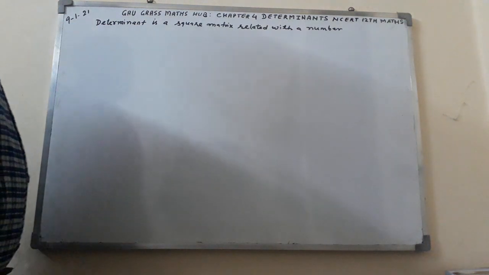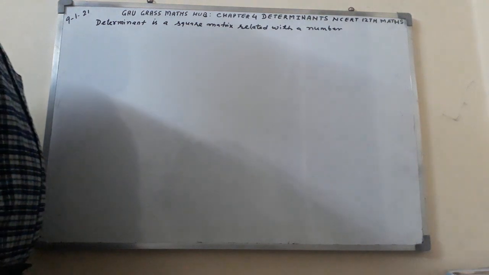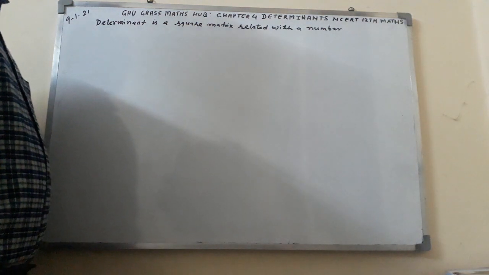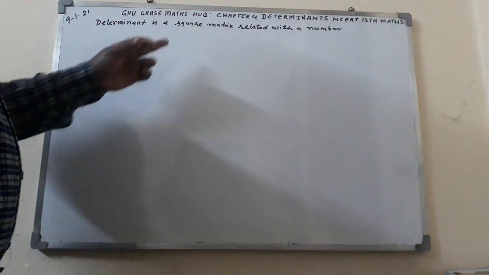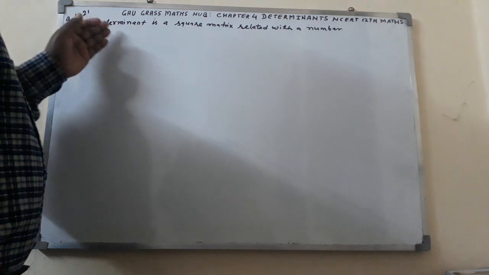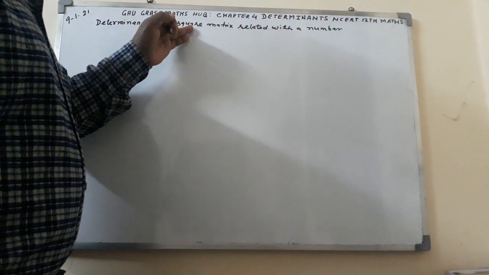If the matrix is of order 3 cross 3, the number of rows is 3 and the number of columns is also 3. That will be known as a square matrix. Determinant is a square matrix related with a number.